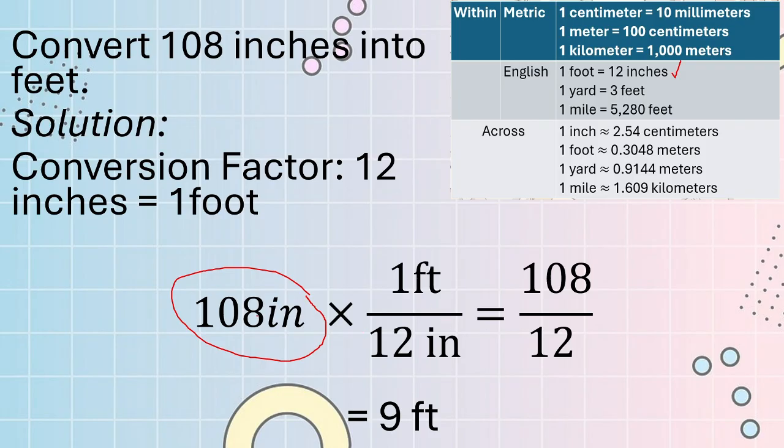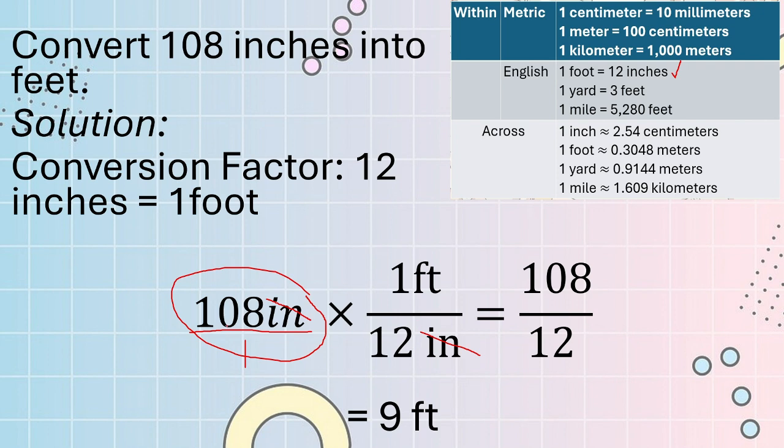It means, kailangan kasing magkatapat ito, yung si inches, and then si inches, ayan. Kailangan magka-opposite sila, kasi ito ay 108 over 1. Okay, so kung makikita ninyo, 108 inches times 1 foot over 12 inches because 1 foot is equivalent to 12 inches.